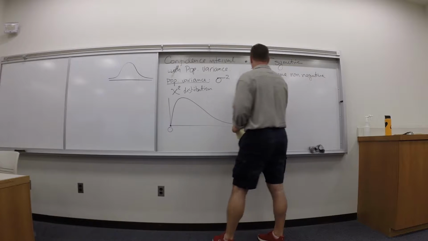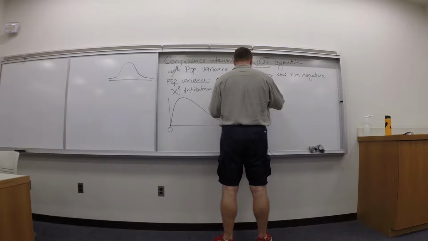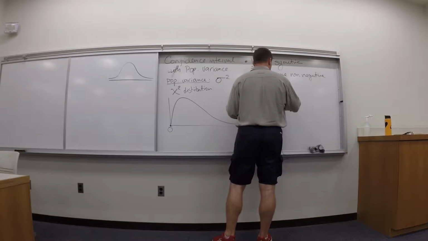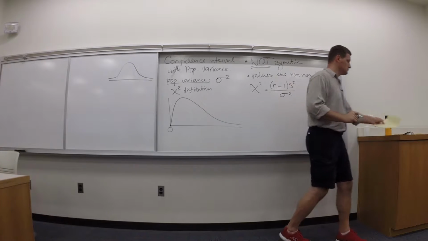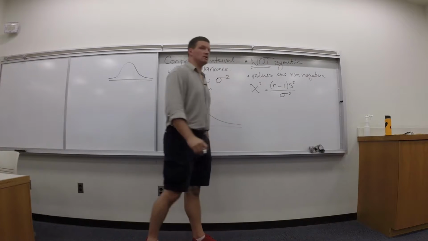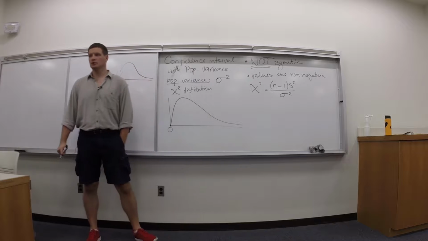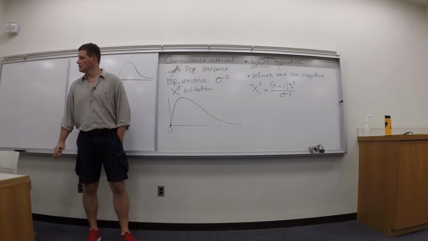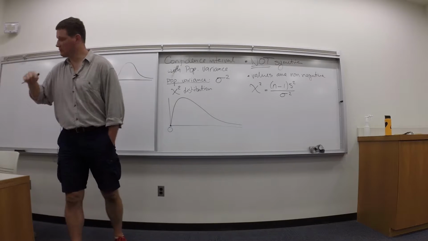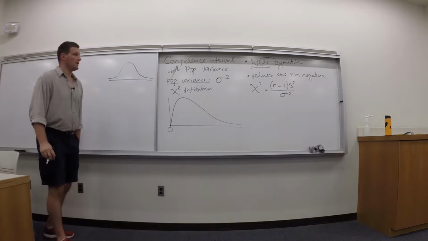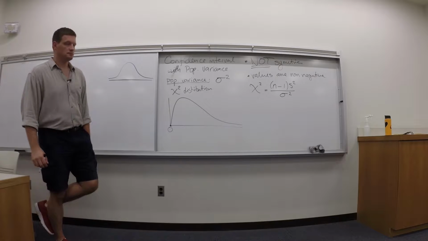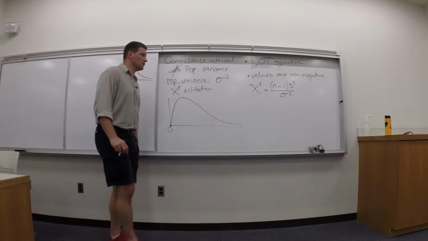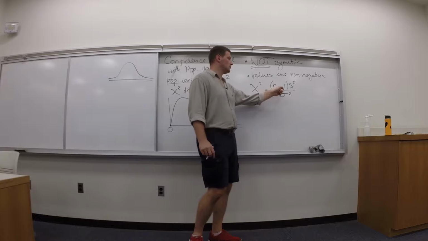We define chi-square as the following formula. N minus 1 times s squared divided by sigma squared. That's the formula. So what's n minus 1?